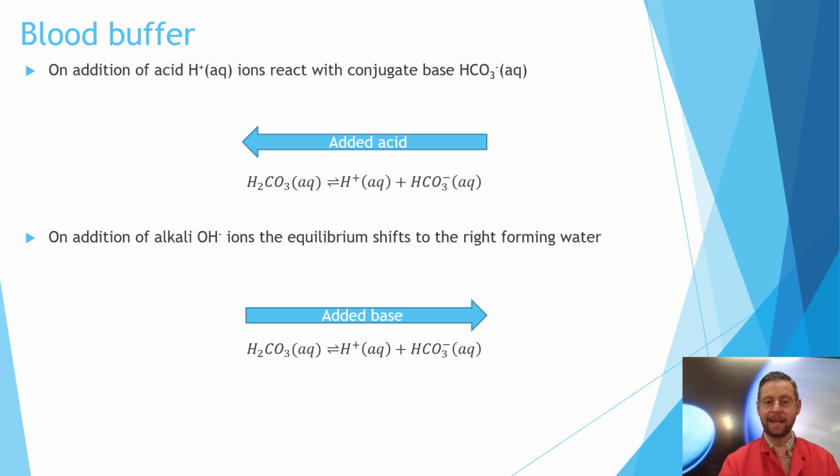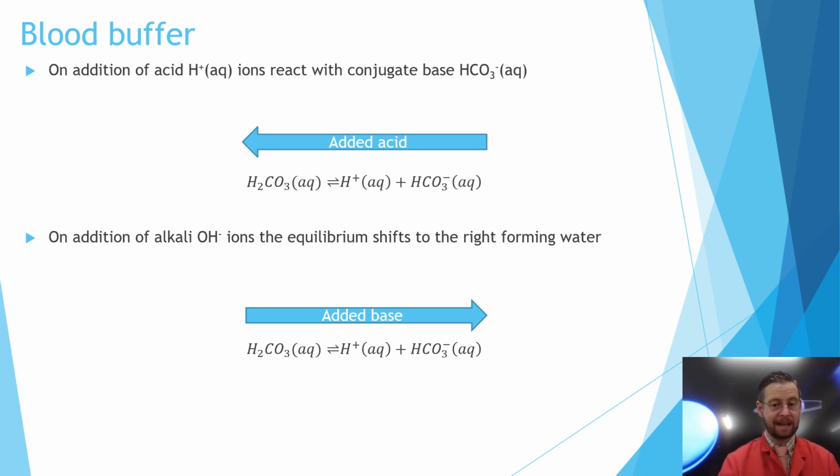Now, what happens if we add acid, or if your blood gains more H+ for some reason? Then what it's going to do is it's going to bond with that hydrogencarbonate. It's going to use up the reservoir of alkali in your bloodstream, producing H2CO3 once more.